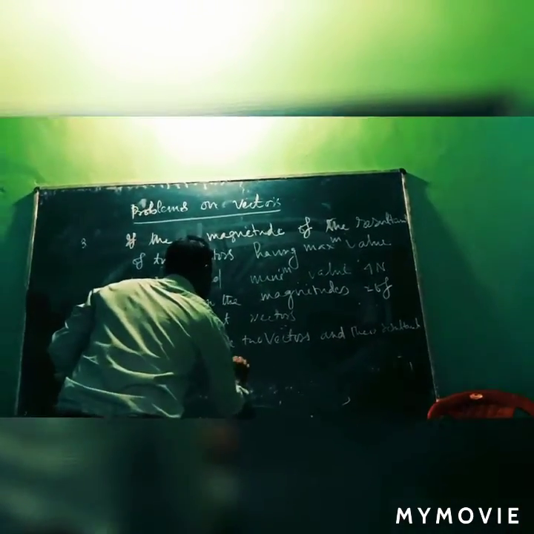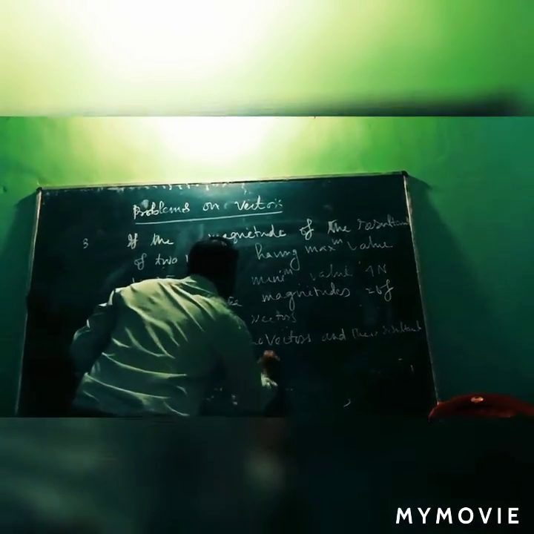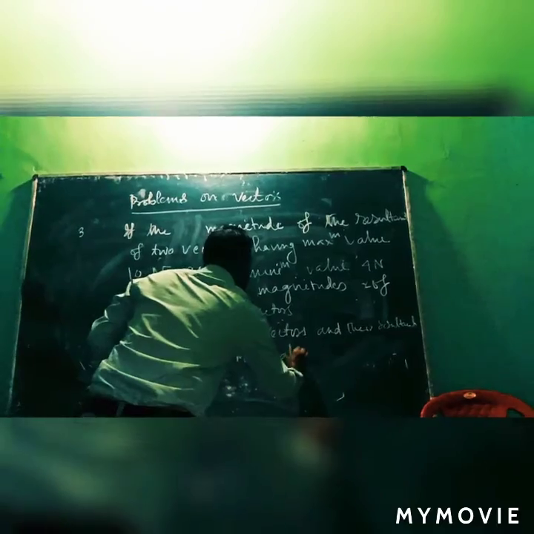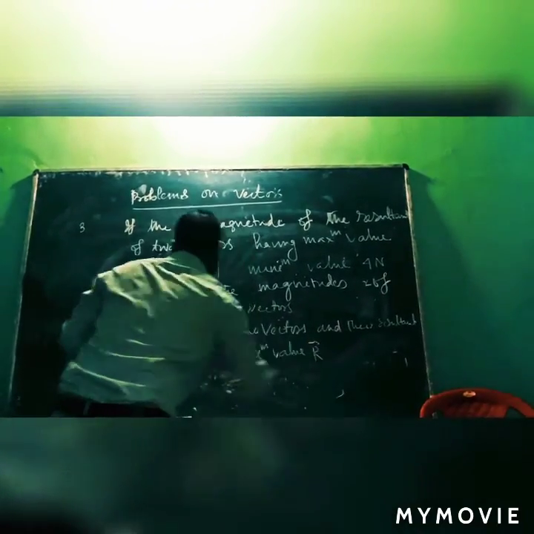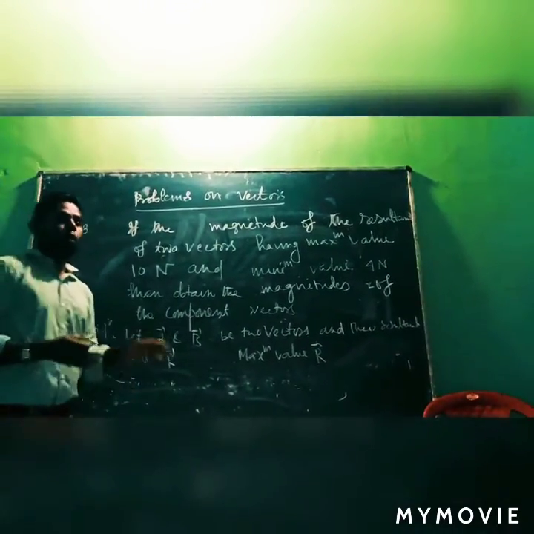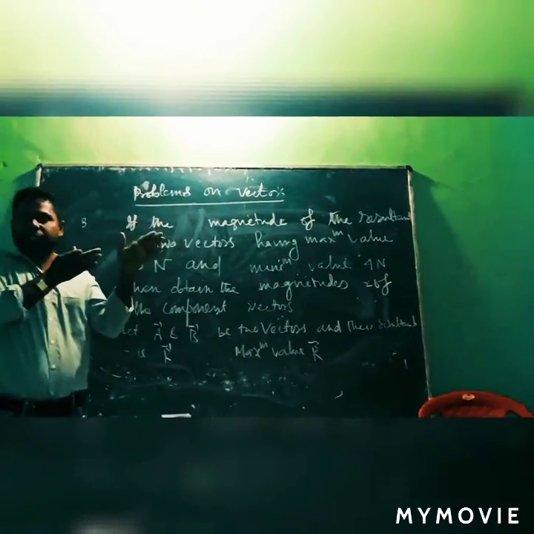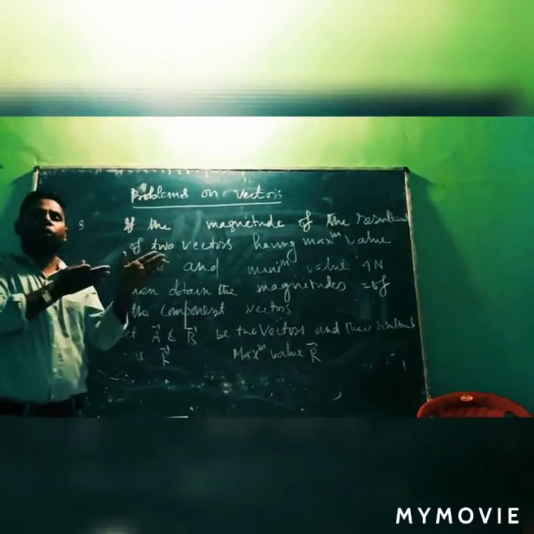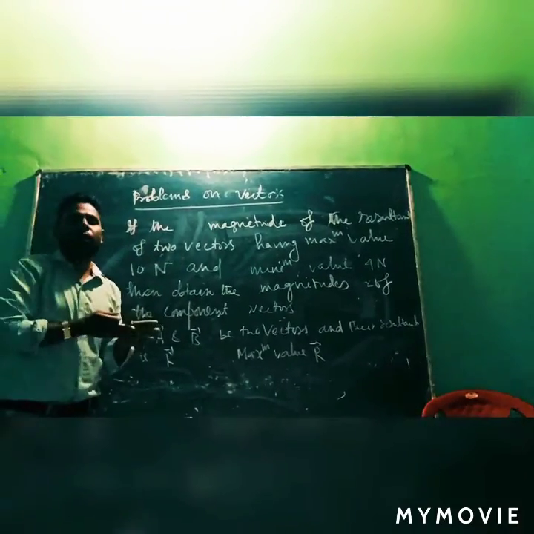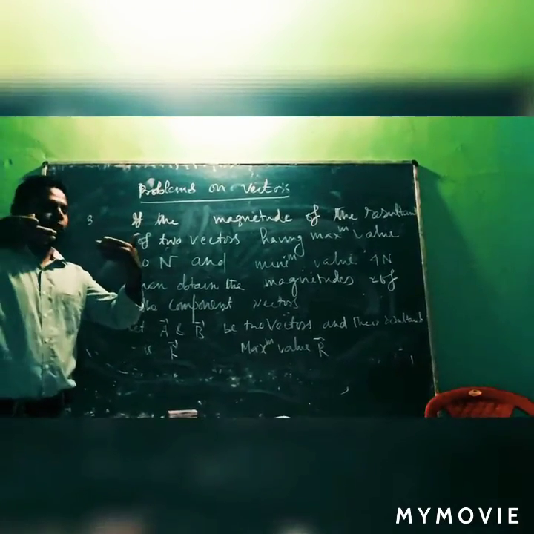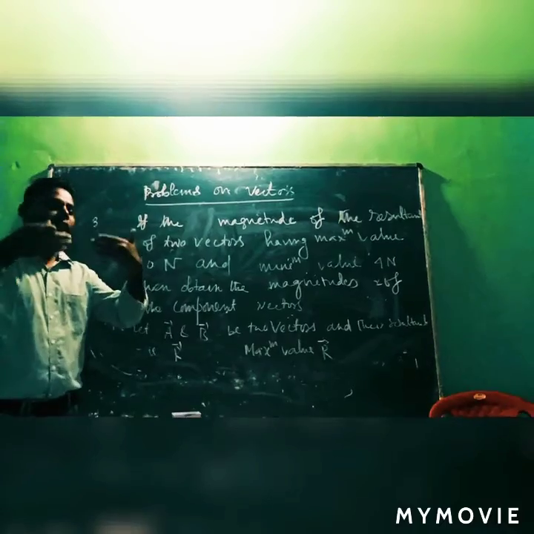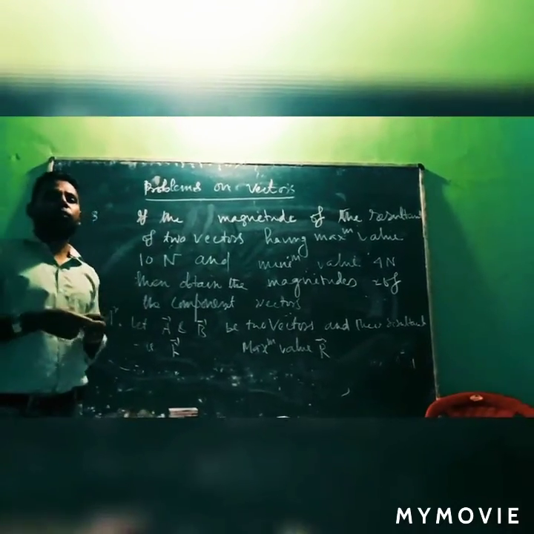So the maximum value of R, because R is the resultant of two vectors. When both component vectors A and B act in the same direction, the resultant gives the maximum value. And when both act in the opposite direction, the resultant gives the minimum value.